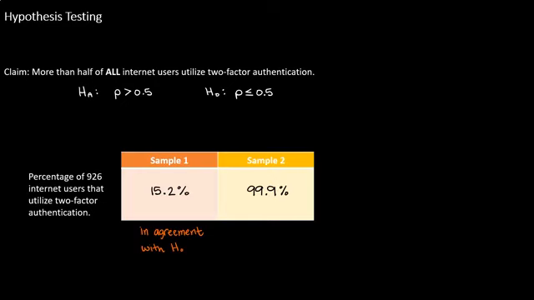But what if we took a sample and we found in our sample 99.9% use two-factor authentication? This seems like it's in agreement with our original claim, but notice we're going to compare this to our null hypothesis. This is contradicting the null hypothesis.